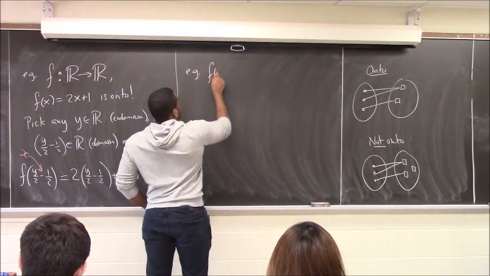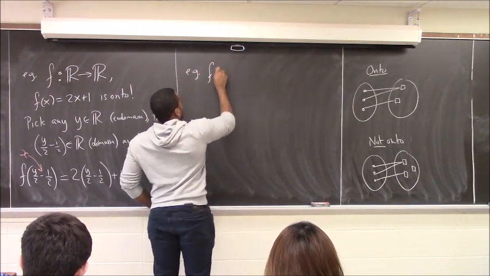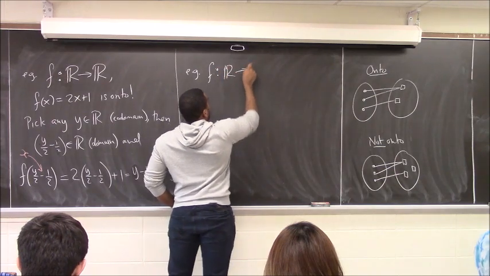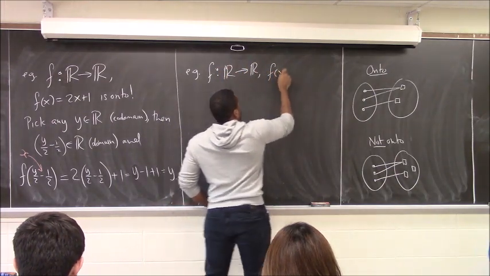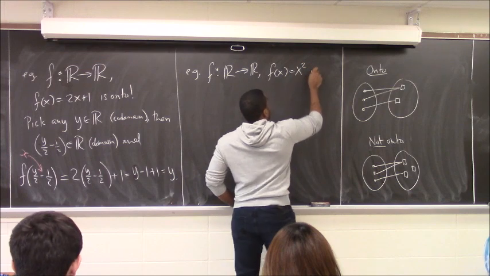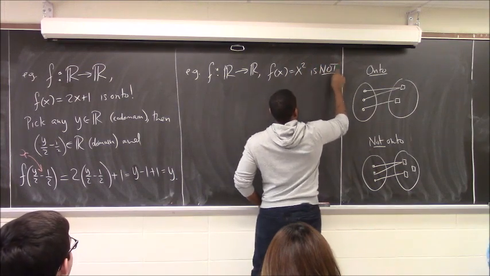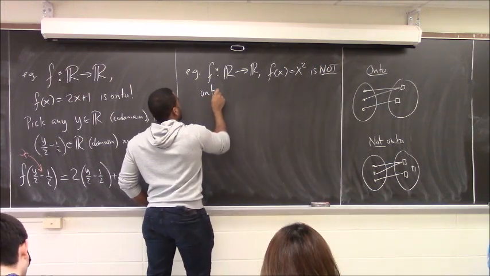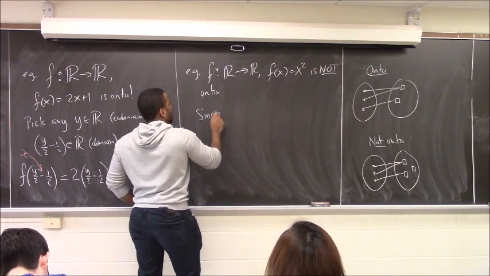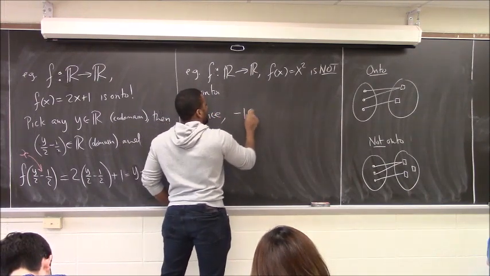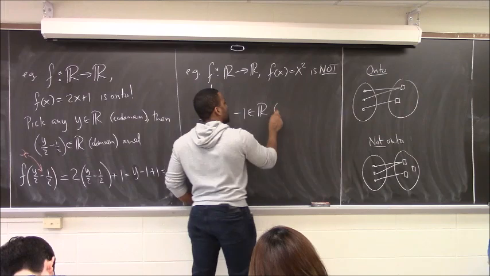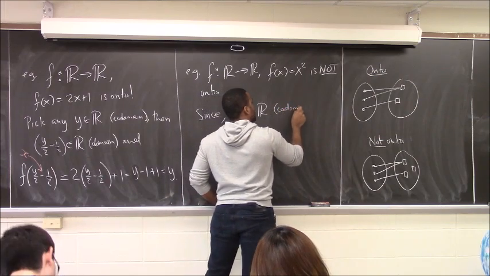Look at the example here. F of x goes from R to R, where f of x is x squared, it is not onto. Since minus 1 is a real number, this is someone in the codomain.